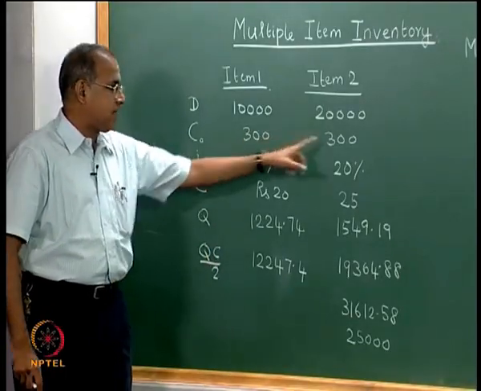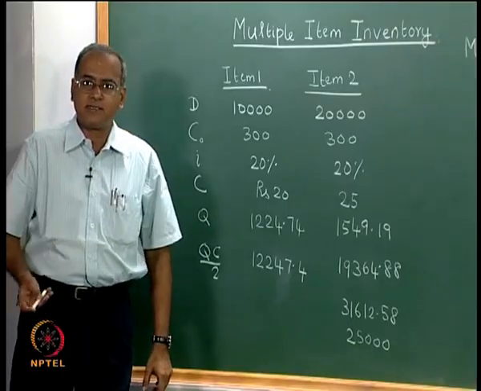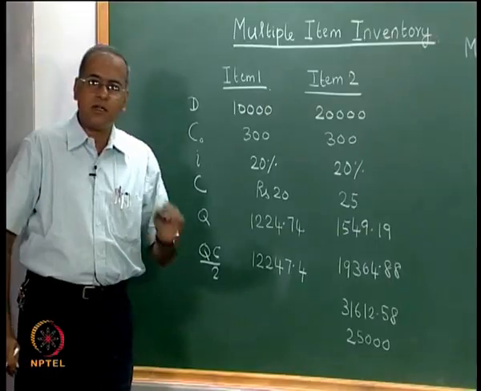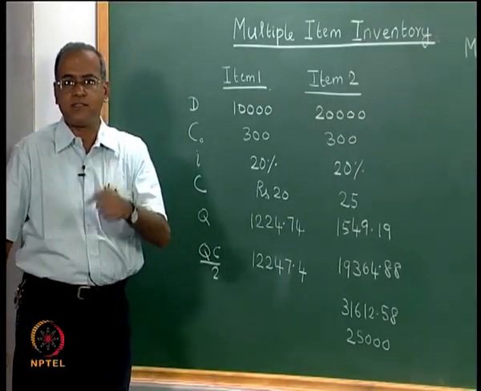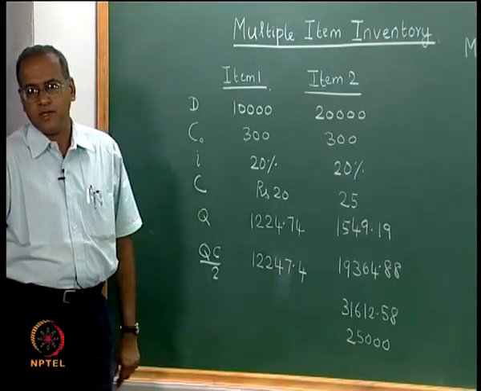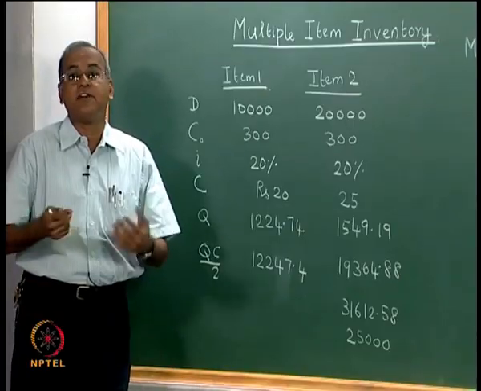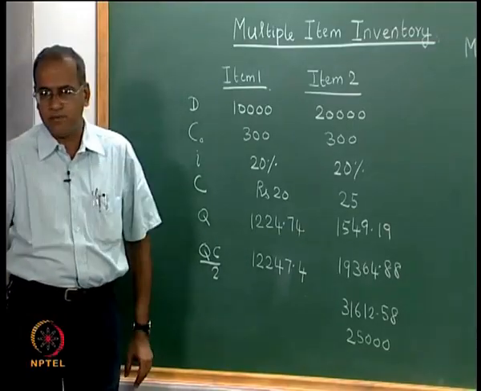Now, are we justified in keeping C naught the same for all of them? In some sense the answer is yes, because of maybe two different reasons. One is, it is also extremely difficult to individually compute the C naught for various items, and if we do so, at the end of it we also realize that they are not very different from each other. The difference may be very small and negligible.